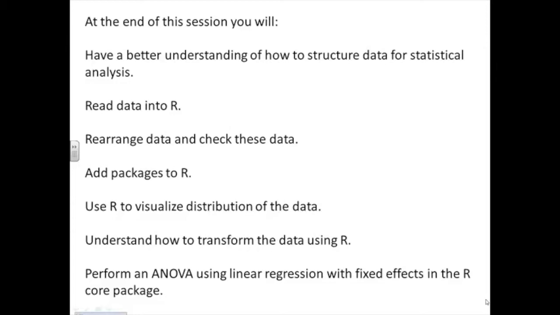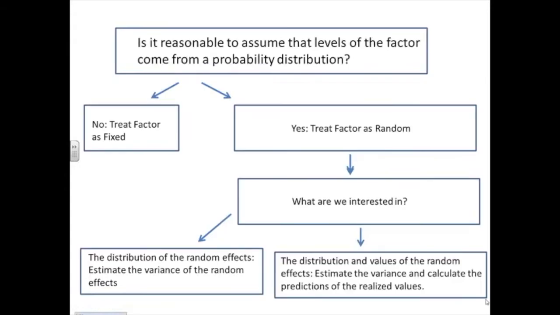We're going to understand how we can transform data using R, and then perform an analysis of variance using linear regression with fixed effects in the R core package. Okay, that's where we want to go. Okay, so we will be talking about both fixed effects models and random effects models.